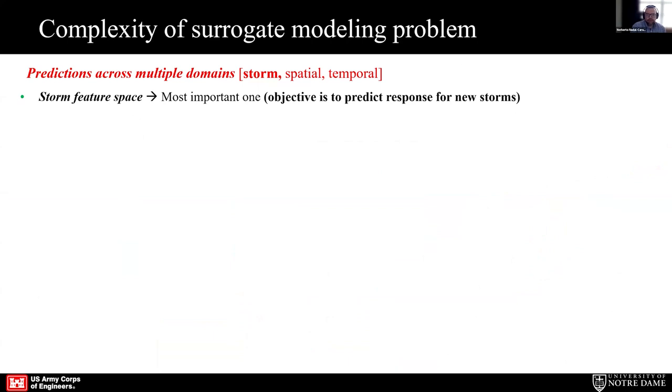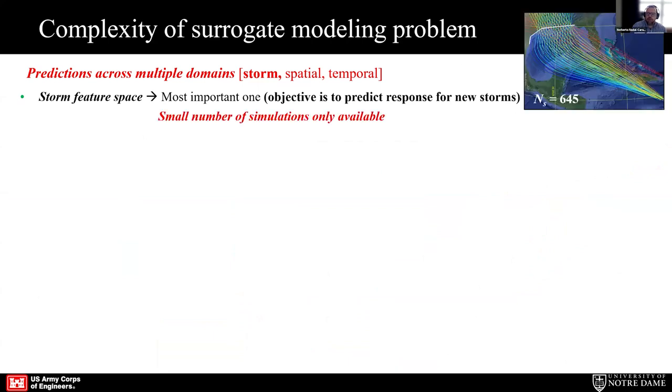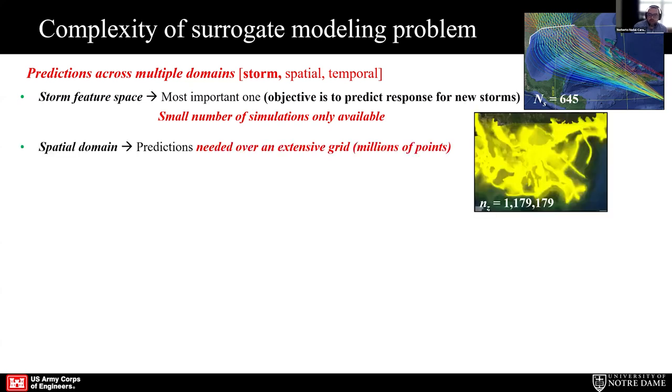And there are different complexities that arise from this problem. For example, we typically must rely on just a small number of simulations due to the computational burden. We also need to produce these results at millions of nodes or point locations.